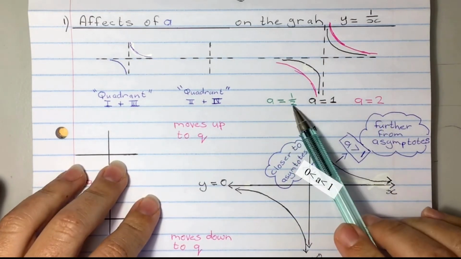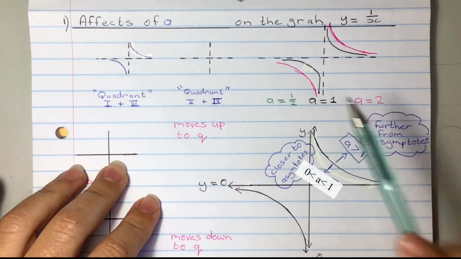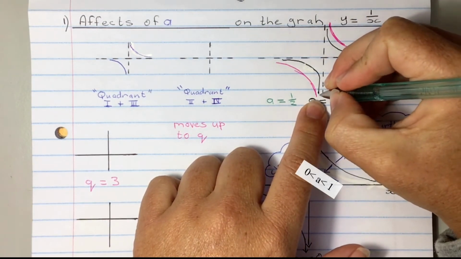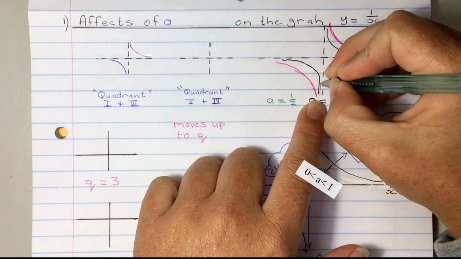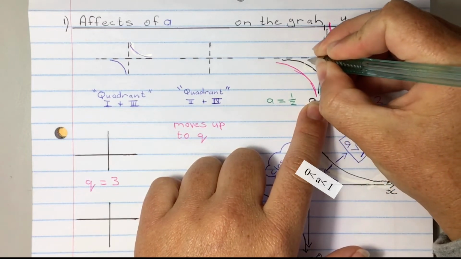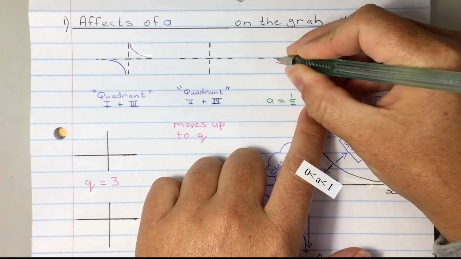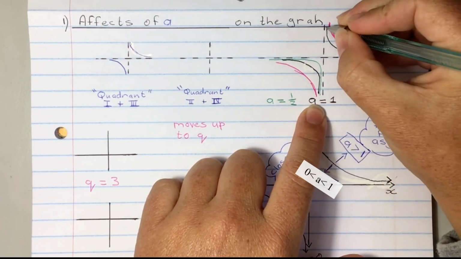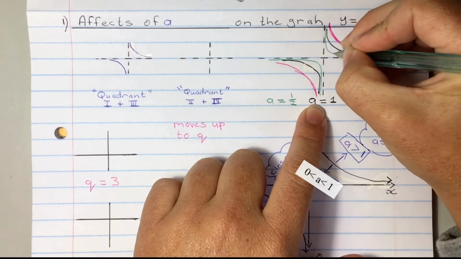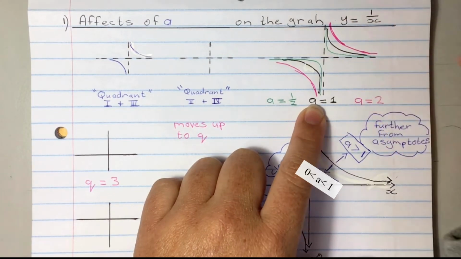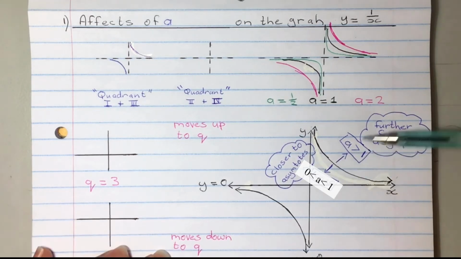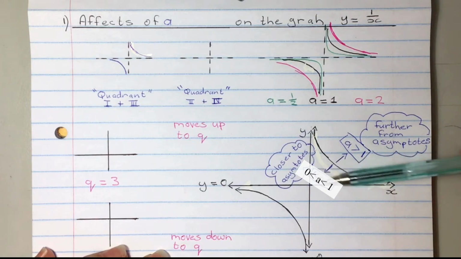If we go with a is equal to a half, which is less than 1 but bigger than 0, our graph goes closer to our asymptotes. So we get this graph that likes to stay close to our asymptotes, even here towards the middle. Okay. So there you can see the effects of A as we get further away from 1 and as we get to decimals and fractions.